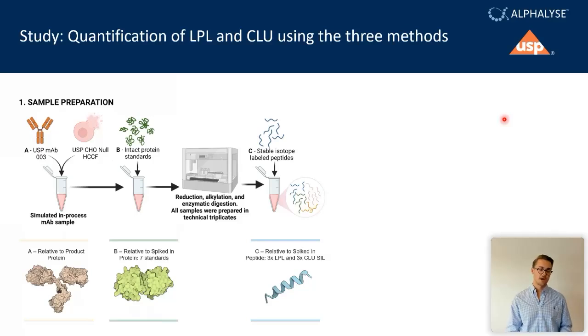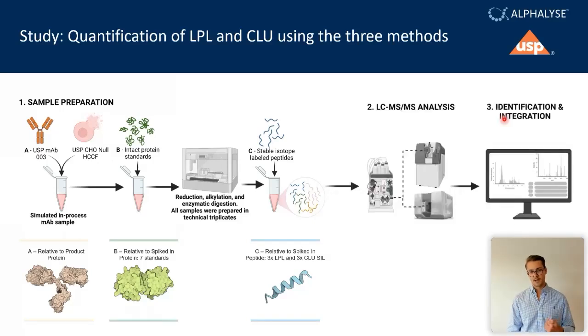This was followed by reduction, alkylation and enzymatic digestion, whereafter SIL peptides were spiked in. And in this case, 3 different SIL peptides for each of the target host cell proteins were spiked in.